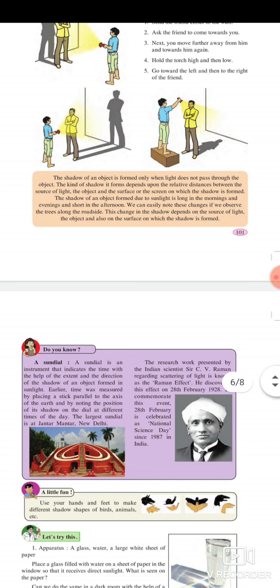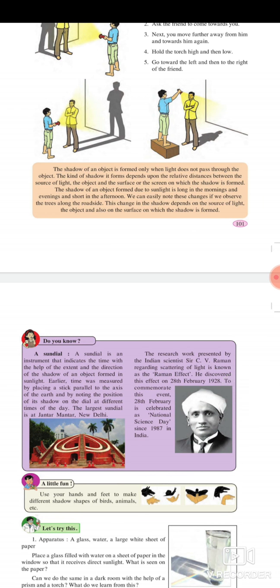The shadow of an object is formed only when light does not pass through the object. The kind of shadow it forms depends upon the relative distance between the source of light, the object, and the surface or the screen on which the shadow is formed. The shadow of an object formed due to sunlight is long in the morning and evening and short in the afternoon.